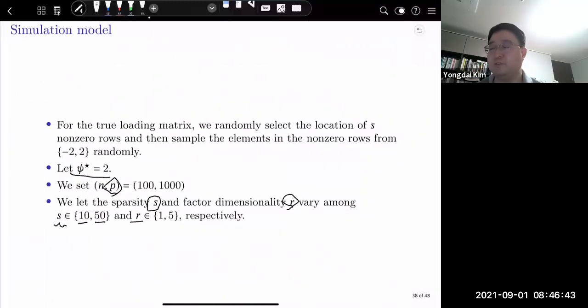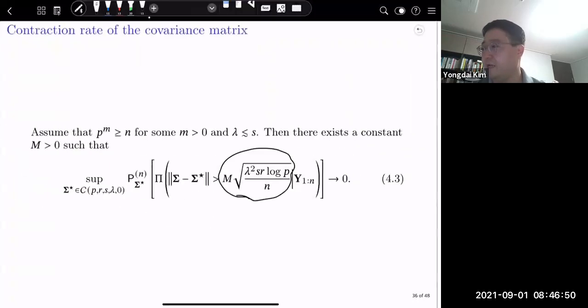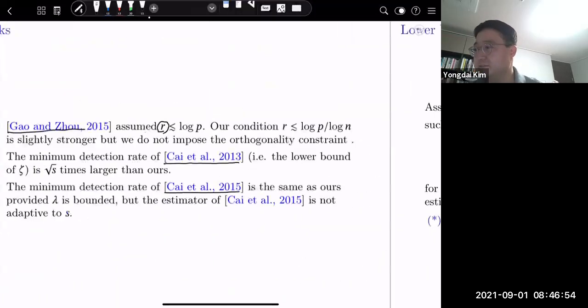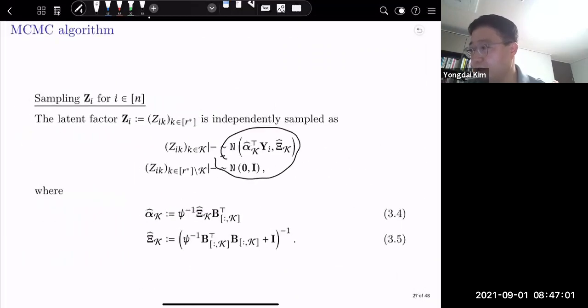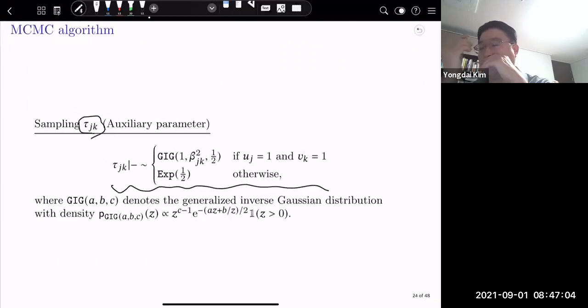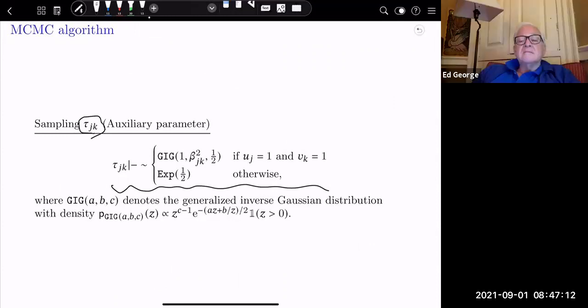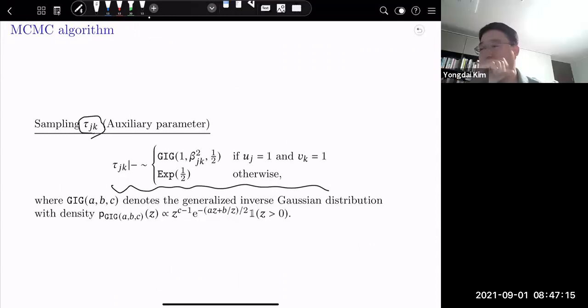That's a good question. Actually, we do not consider rotations. The factor loading matrix is not uniquely defined, as Ed mentioned. I'm not sure, but it is possible that if we assume sparsity, then the sparse factor loading may be unique. But I have not investigated the uniqueness deeply.